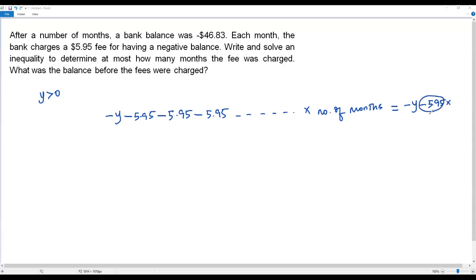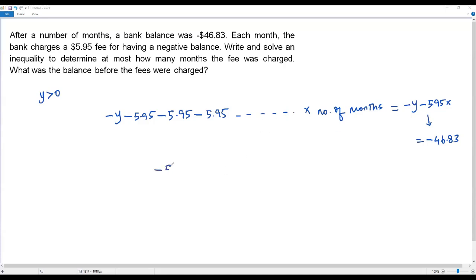So this is the fee for 1 month multiplied by the number of months. So this is my bank balance after X number of months, but this value is already given in the question, that is negative $46.83.